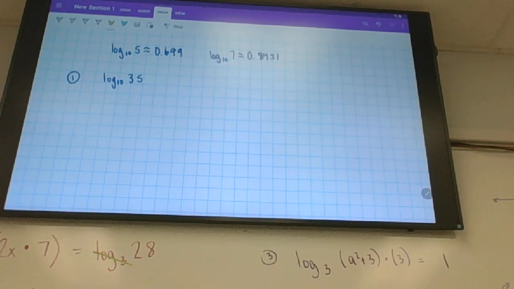All right, so the only logs I have are 5 and 7. So I'm going to rewrite this 35 as 5 times 7. And then I'm going to expand. That's log base 10 of 5 plus log base 10 of 7.